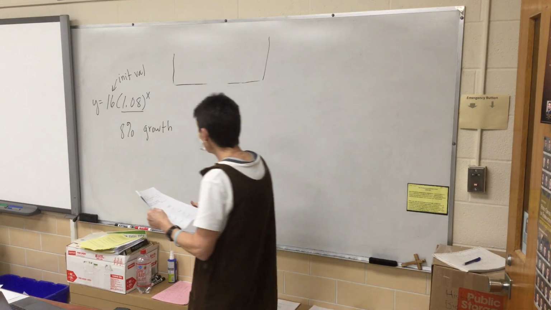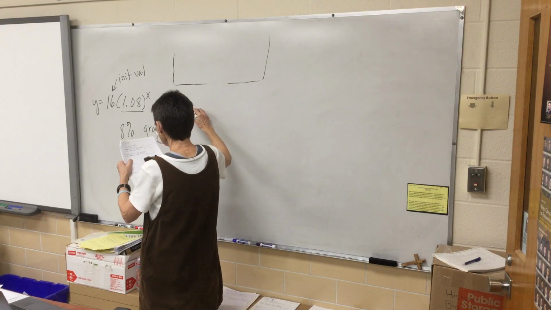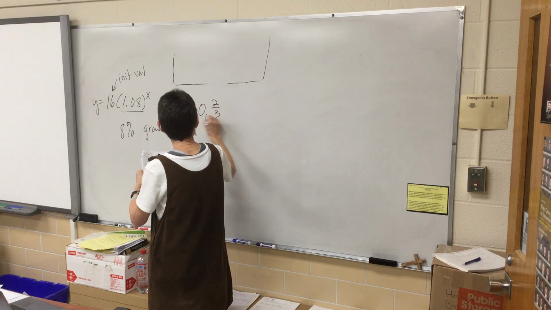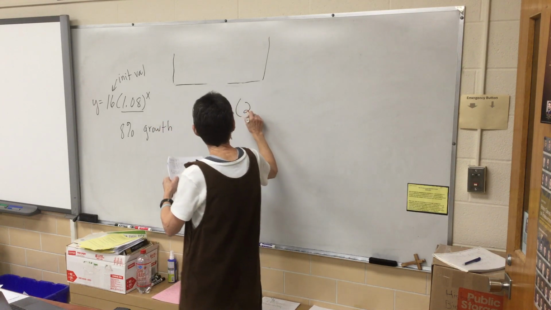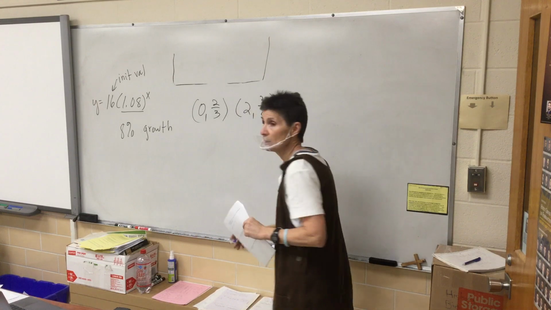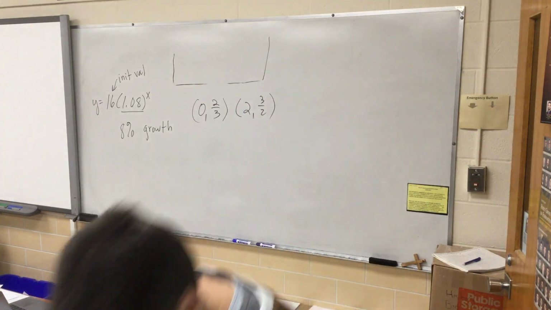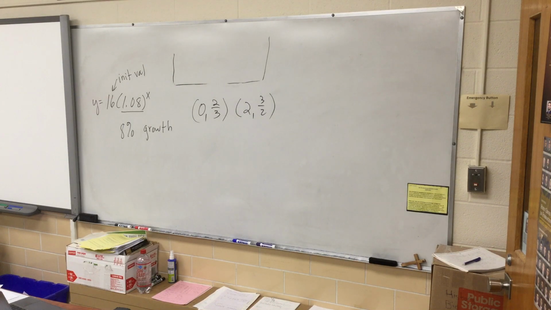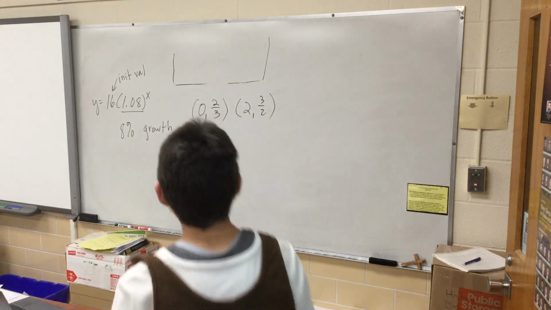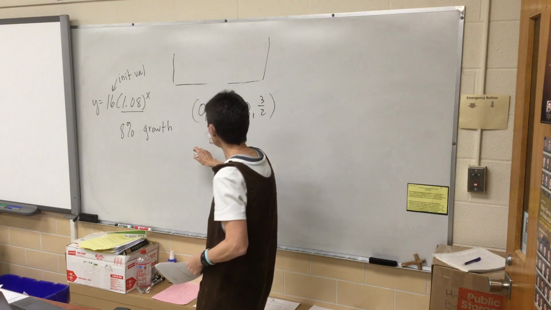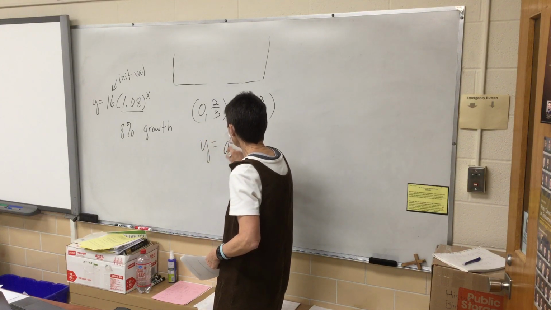All right, number 2. Write the equation of the exponential function containing these 2 points. So when we start, we have to remember that an exponential function looks like this.